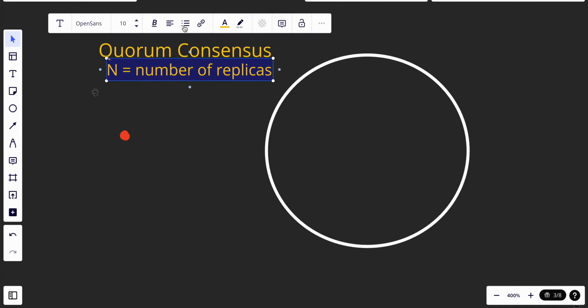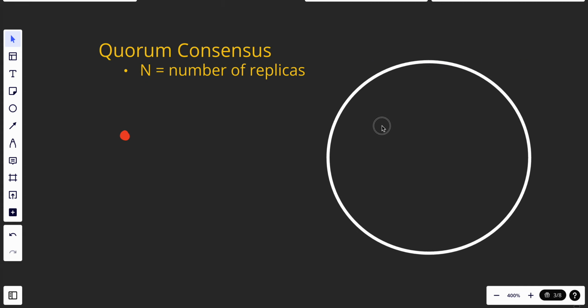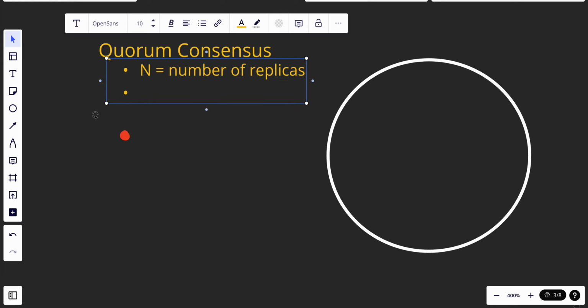Let's make the other thing: we have W, and W is the write quorum size, and we'll talk about what that means.